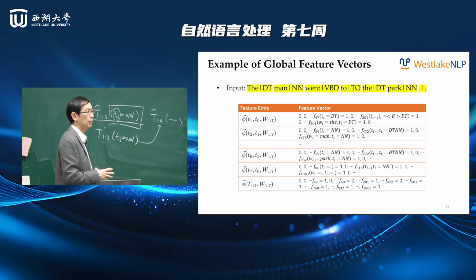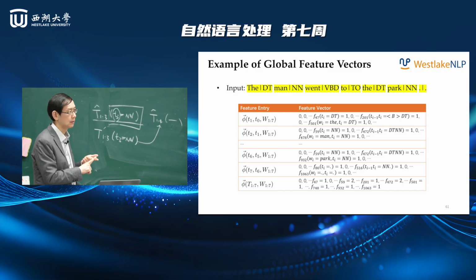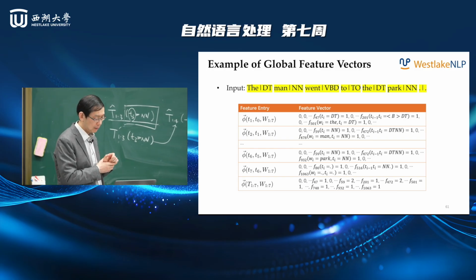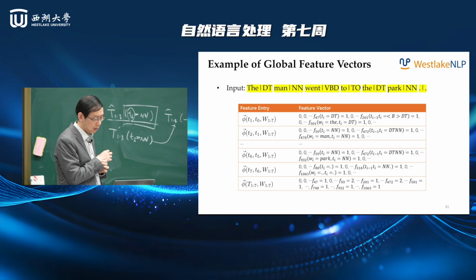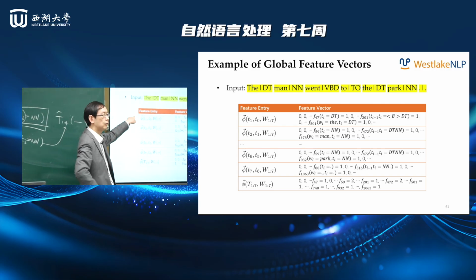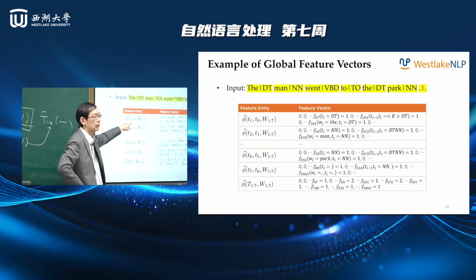Seven tokens. So I can extract a local feature vector at every token. So the feature for representing T1 given T0 and W1 to 7, right?